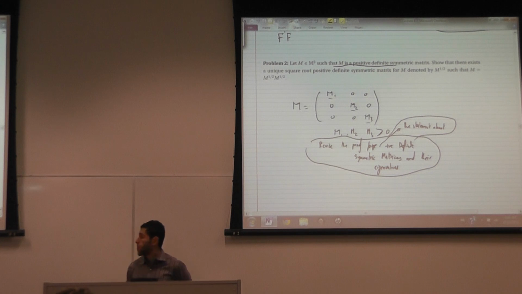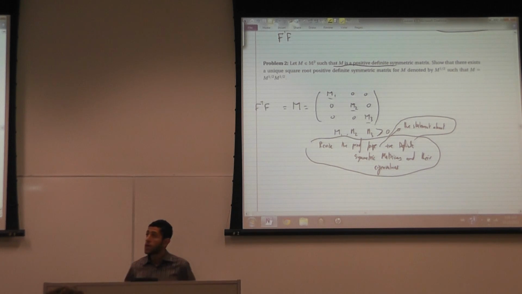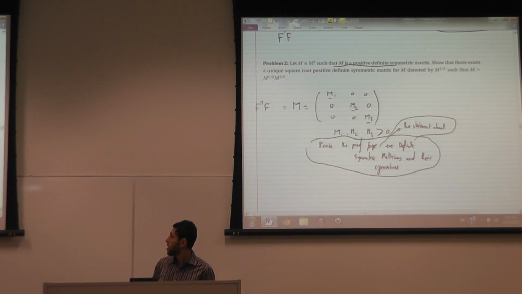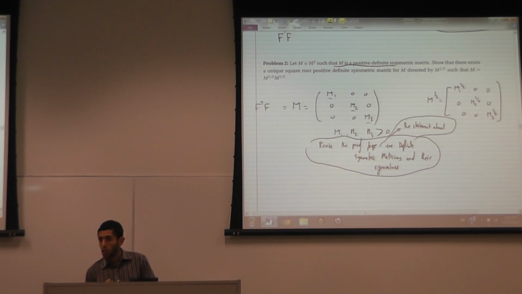Okay, so since I have M, if M is a positive definite symmetric matrix, for example, it is equal to F transpose F, I can find a coordinate system in which it's diagonal and the diagonal components are positive. Then I can find a square root by simply taking M1 to the power half, and this M to the power half is also a positive definite symmetric matrix because I'm taking the positive square roots.